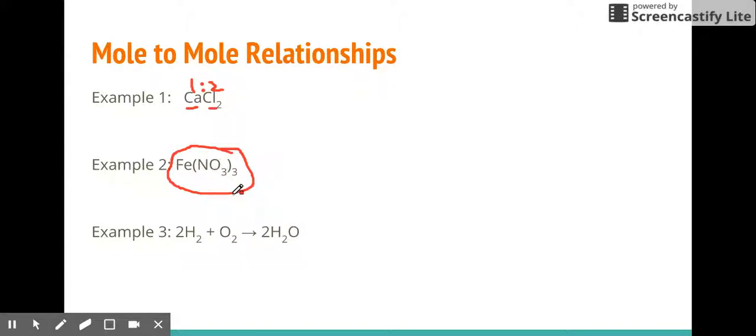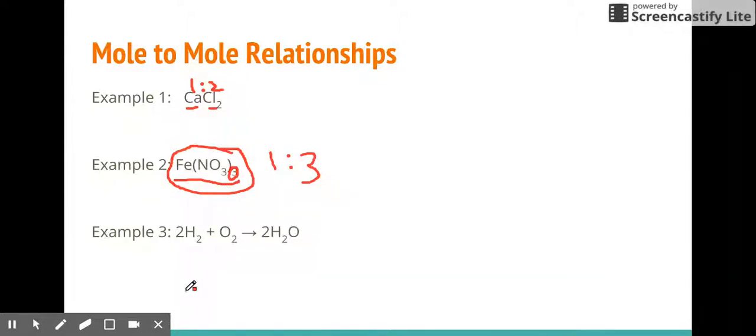So what's the relationship between iron 3 nitrate, which is the whole entire compound, and just your nitrate ions? Well, my relationship there would be 1 of the iron 3 nitrate, 1 entire compound, is equivalent to 3 nitrate ions. So it's very important to be able to look at multiple relationships within these compounds here.